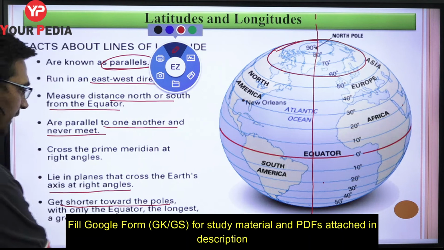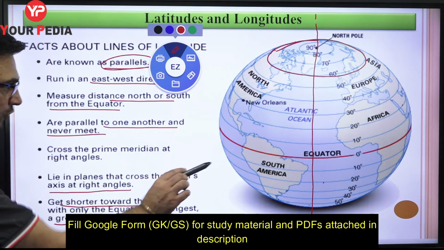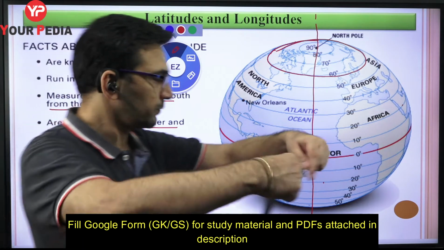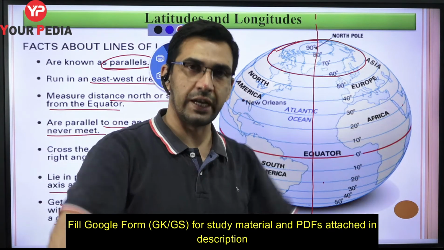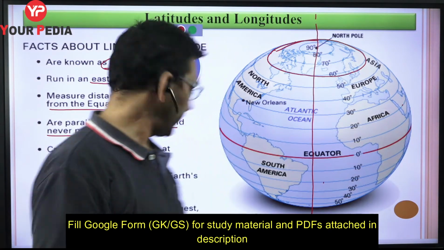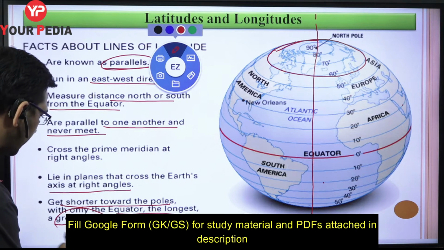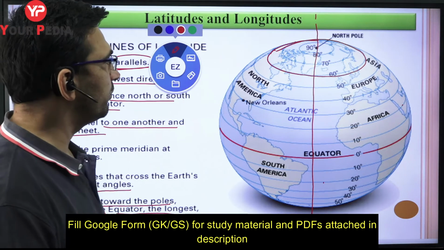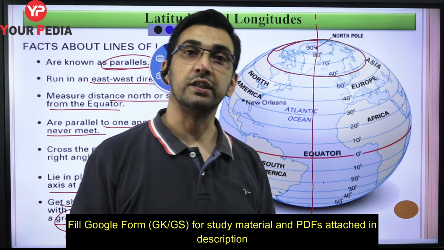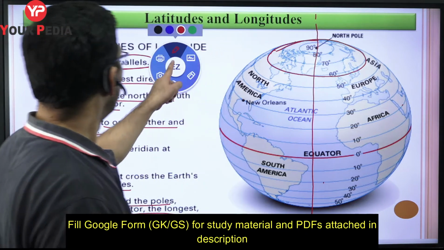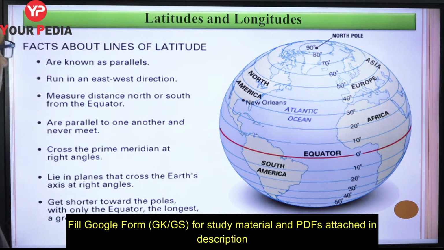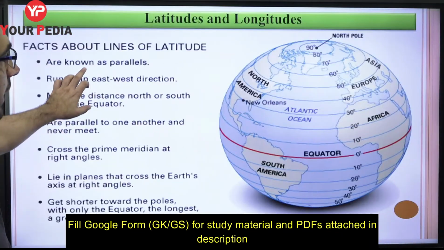Only the equator is the longest great circle. As of now, just remember that the equator is the largest latitude, right? Whereas what is a great circle, that I will discuss in the next slide when I will be discussing with you longitude. Okay, so I hope you now understood the meaning of latitudes, parallel of latitudes.